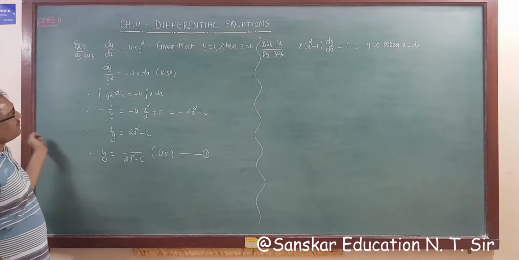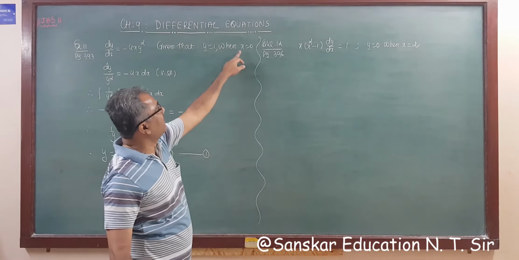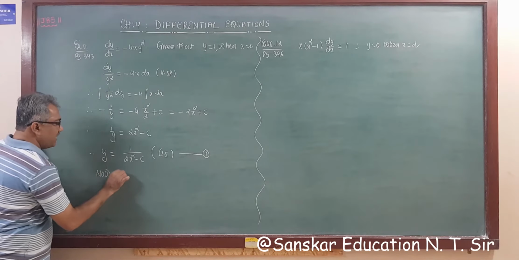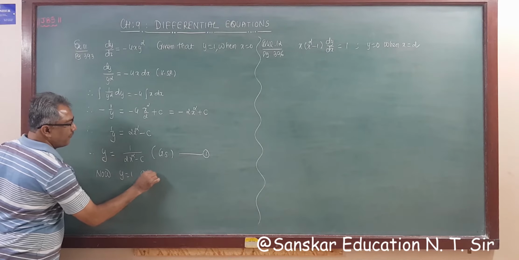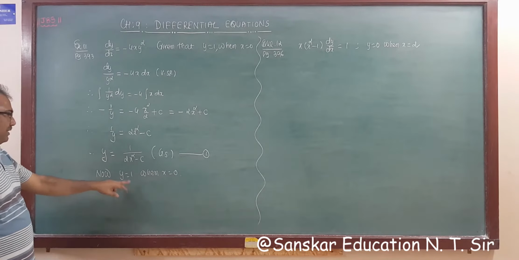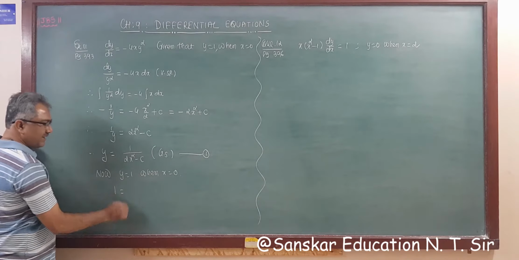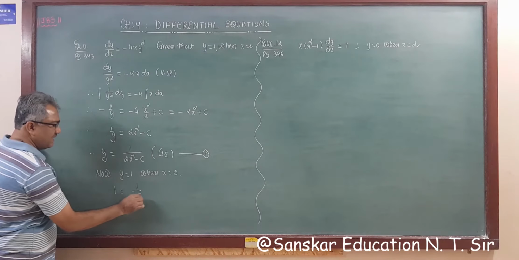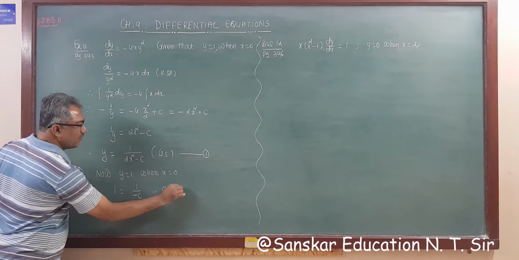Now the condition is given: y equal to 1 when x is equal to 0. Substituting y equal to 1 in the general solution, with x as 0, we get 1 is equal to minus c, that is c is equal to minus 1.